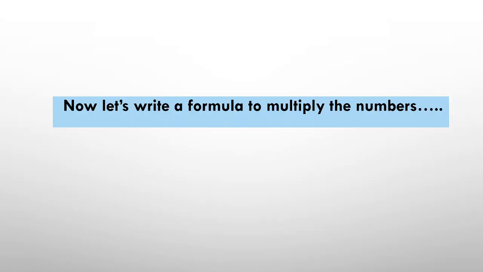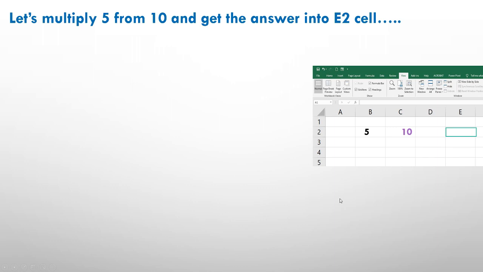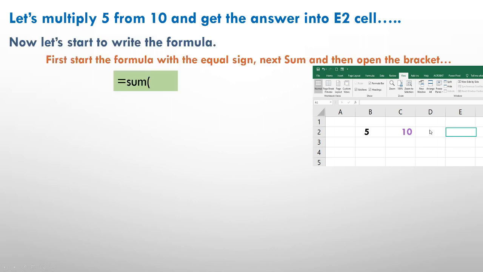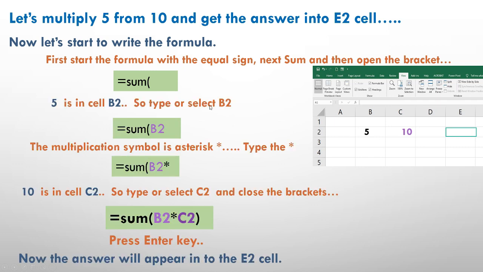Now let's write a formula to multiply the numbers. Let's multiply 5 from 10 and get the answer into E2 cell. Now let's start to write the formula. First start the formula with the equal sign, the golden rule.